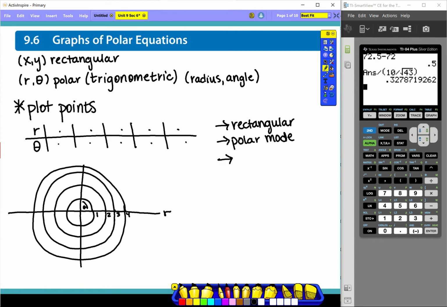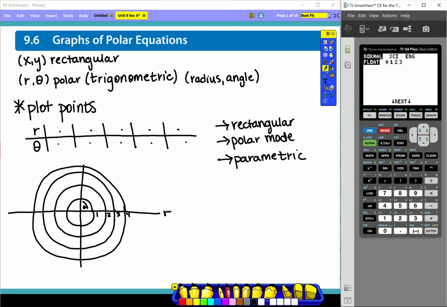Or you could use parametric mode, which we learned about previously with T, where you're plugging something in for something else. So let's see if we can get to polar mode. Here we go, mode, polar. We're going to second quit. We will go to y equals.